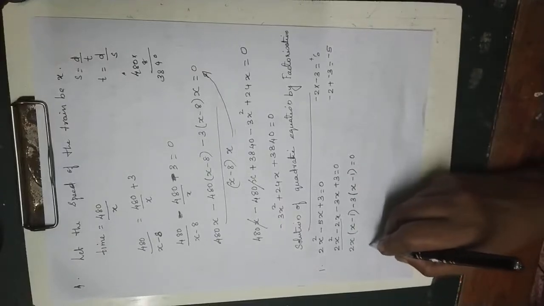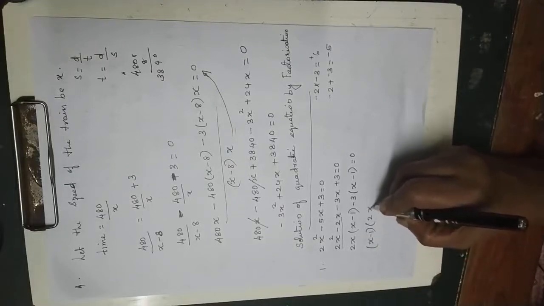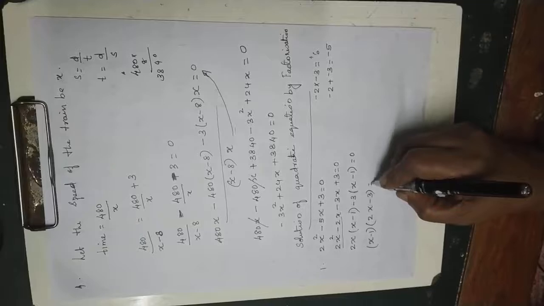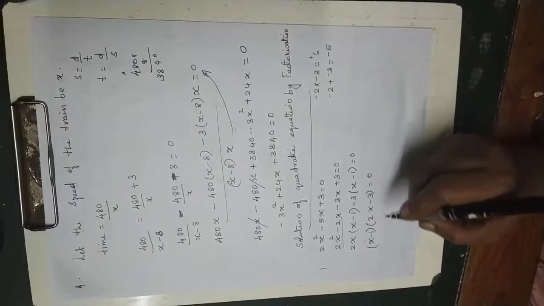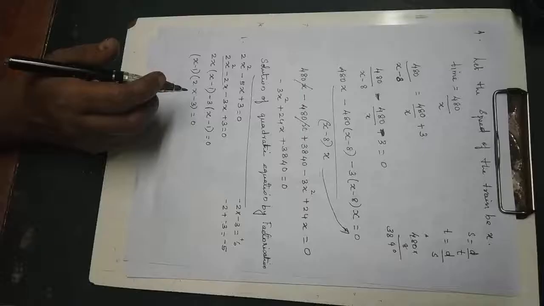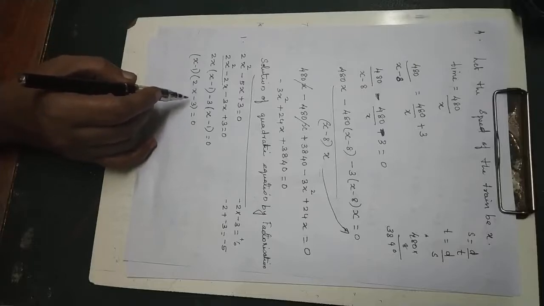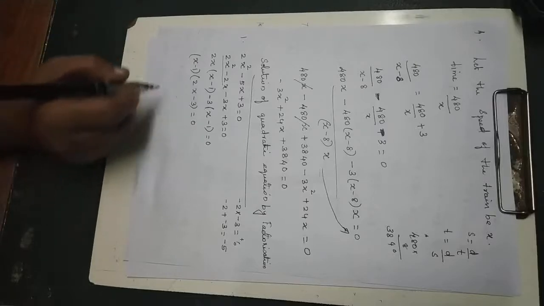Now x minus 1 is common, 2x minus 3. Then now you got x minus 1 into 2x minus 3 equal to 0.